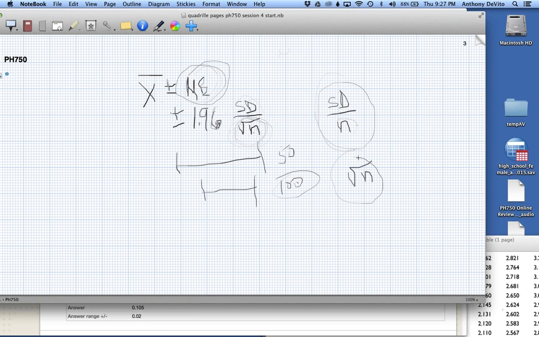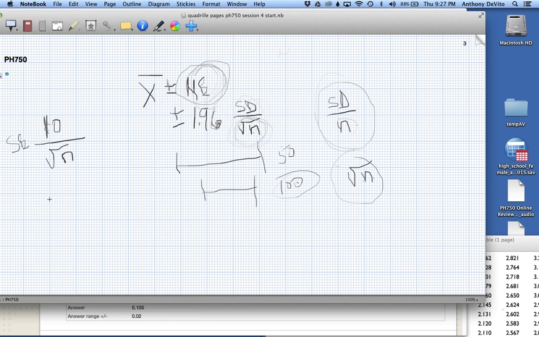So in order to halve the margin of error, n has to be four times larger, not twice as large. I'll give you an example. Let's say the standard deviation is 10 over the square root of n. That's our standard error.